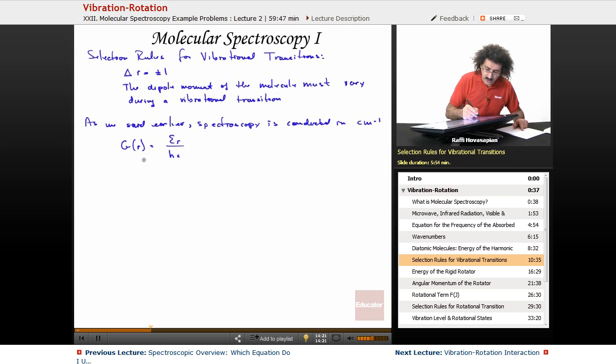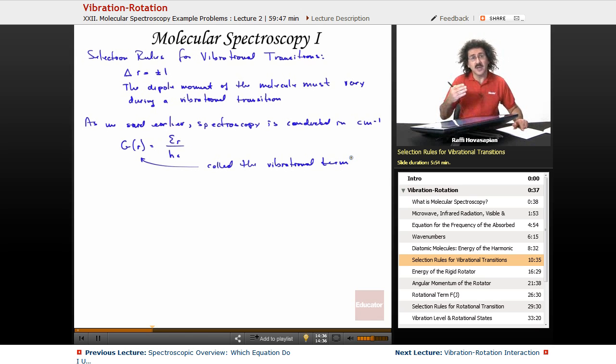So this is called the vibrational term, and this is what you'll see in the literature. This G of v is just a symbol for the vibrational energy expressed in wave numbers, in inverse centimeters, as opposed to joules or anything else.